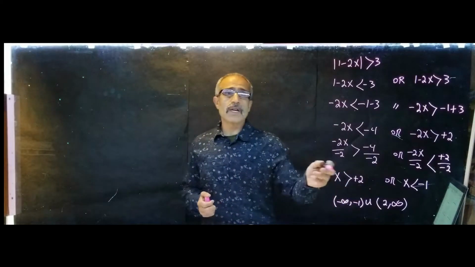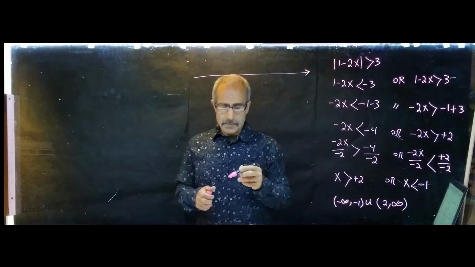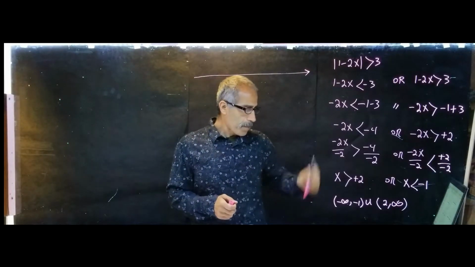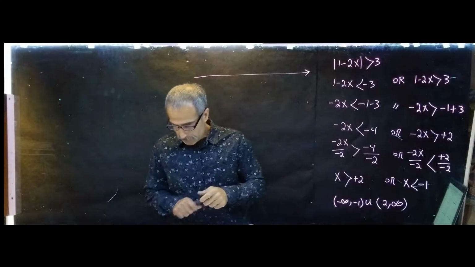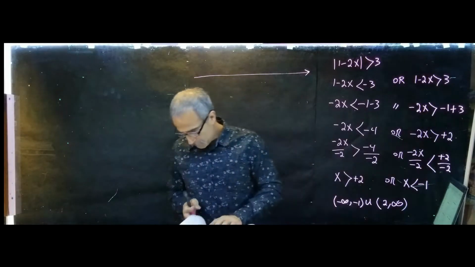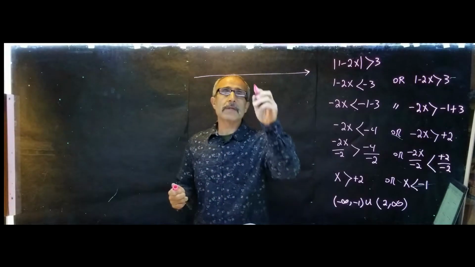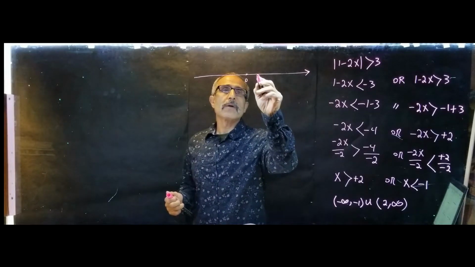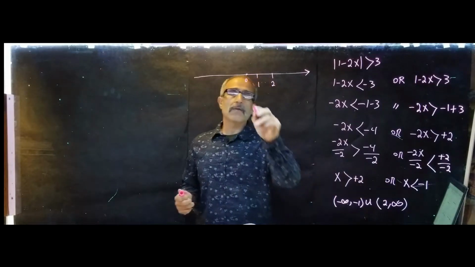So if I want to just graph this, I'm going to go ahead and have my line here. Need another one of these here. There we go. So let's say this is 0, 1, 2, and I need negative 1.